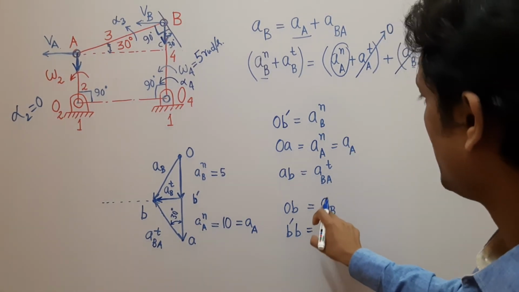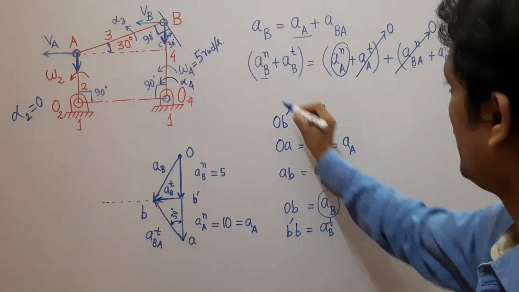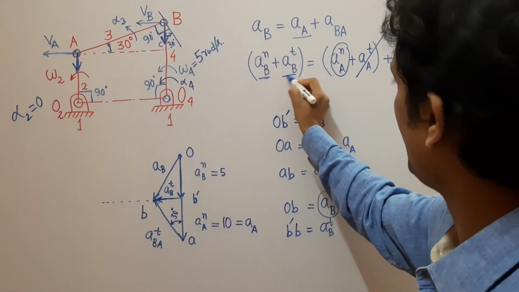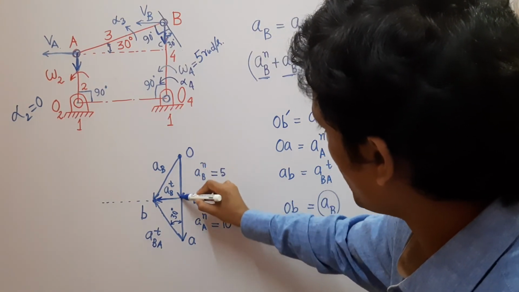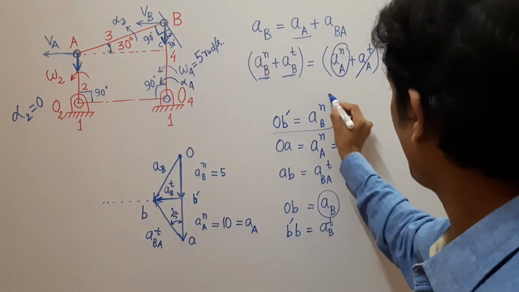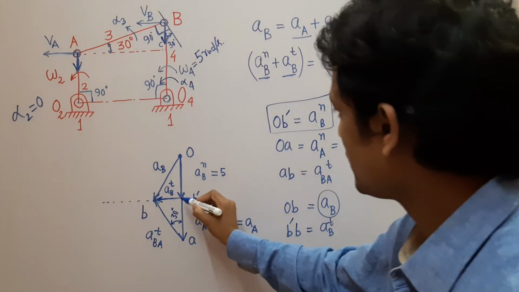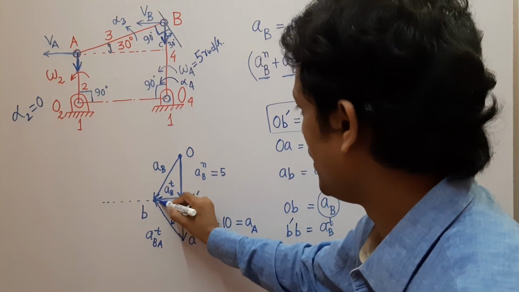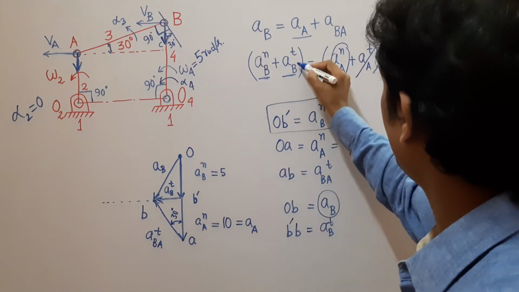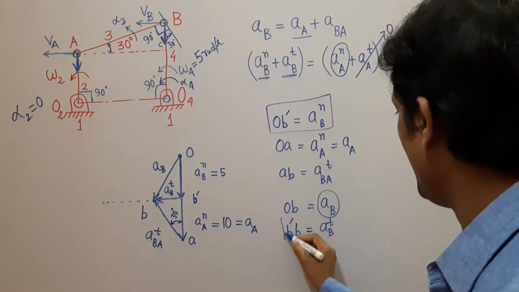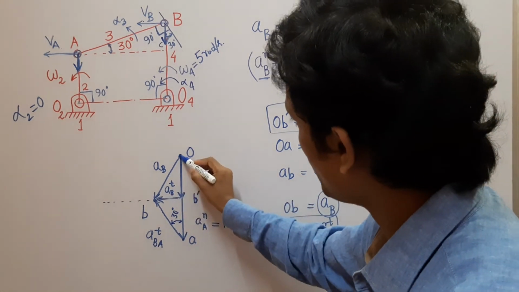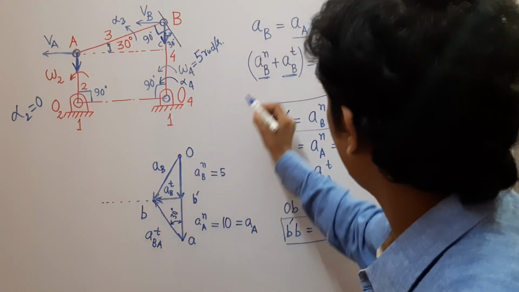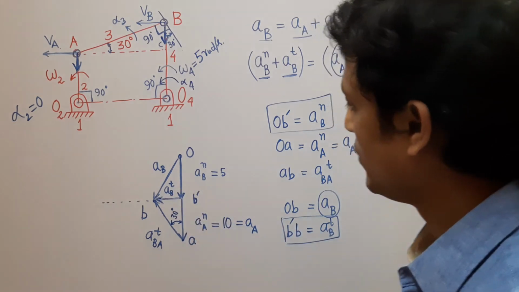So AB, the total acceleration of point B, is ABN plus ABT. This is ABN, vector OB dash, plus B prime B, that is ABT. The resultant of these two is nothing but AB.